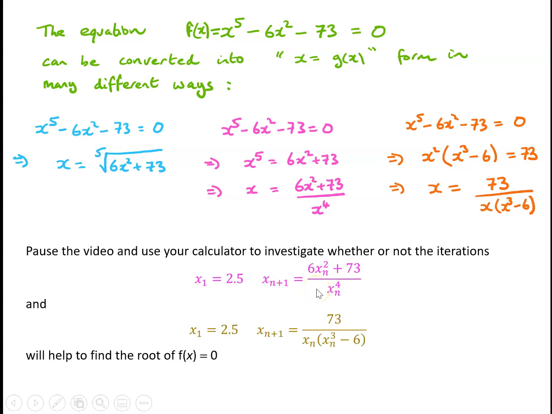Now what I'd like you to do at this stage is pause the video and use your calculator to see whether the iterations x1 equals 2.5, xn plus 1 equals 6xn squared plus 73 over xn to the power 4, and x1 equals 2.5, xn plus 1 equals 73 divided by xn times xn cubed minus 6, converge and will help us to find the root of f of x equals 0 or not.